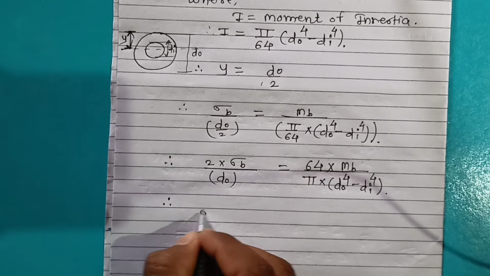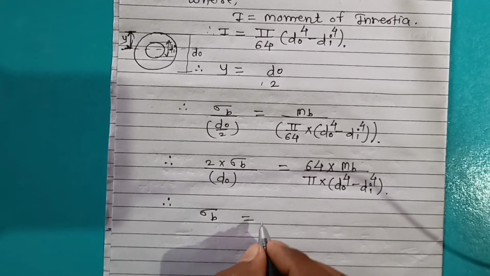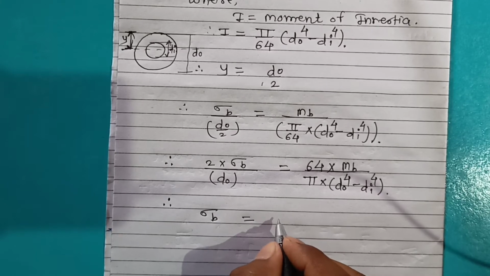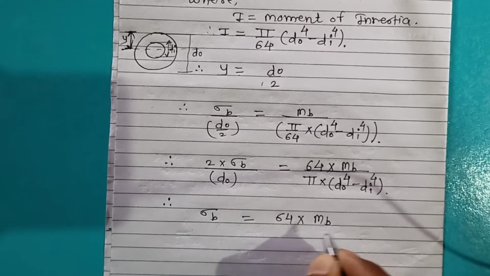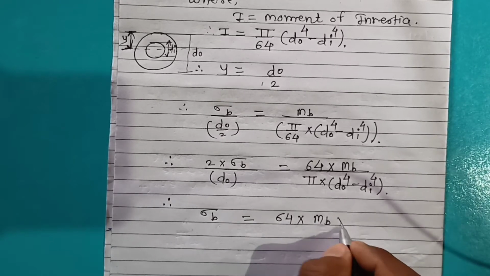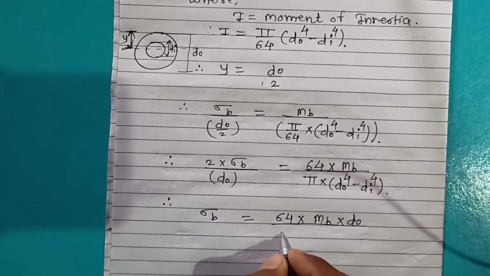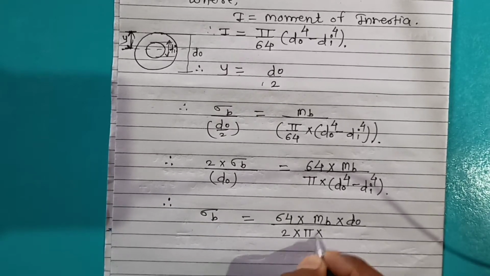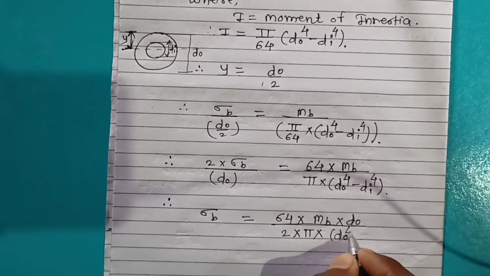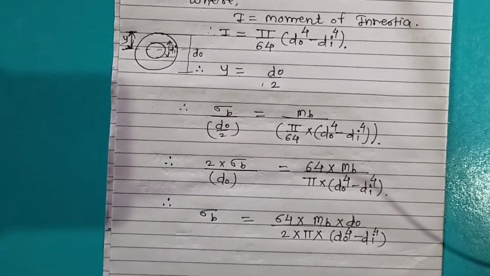Now see here, sigma b is equal to 64 into Mb into do divided by 2 into pi into do raised to 4 minus di raised to 4.